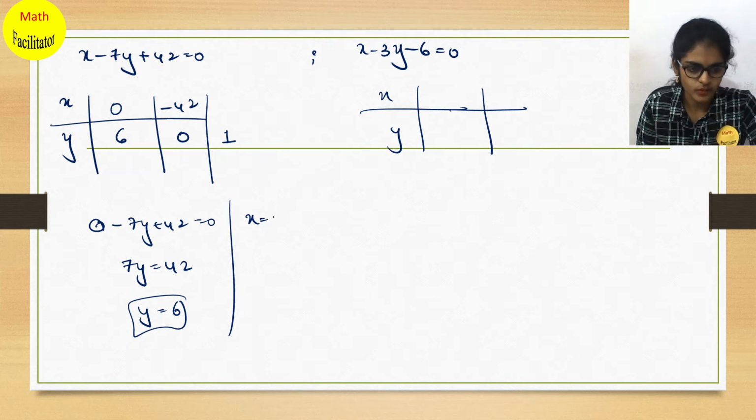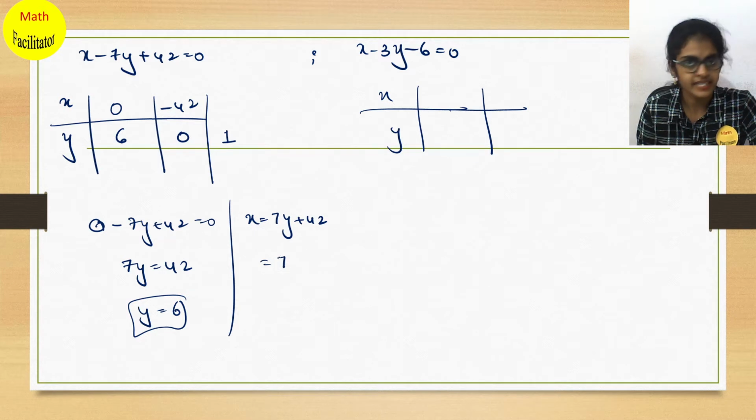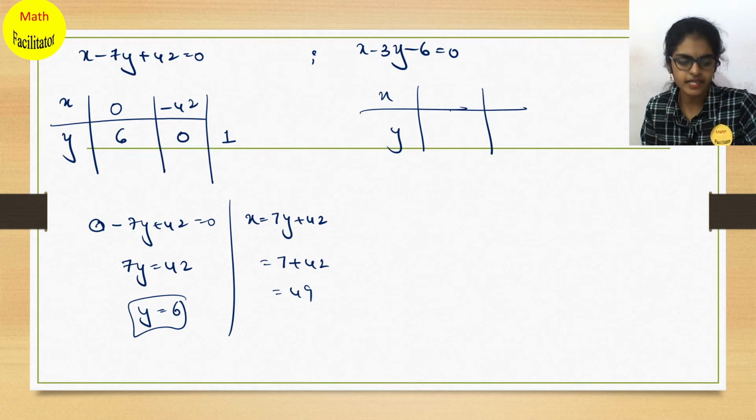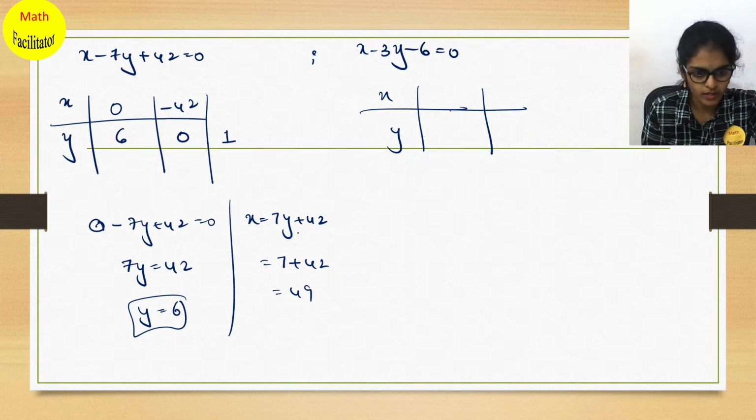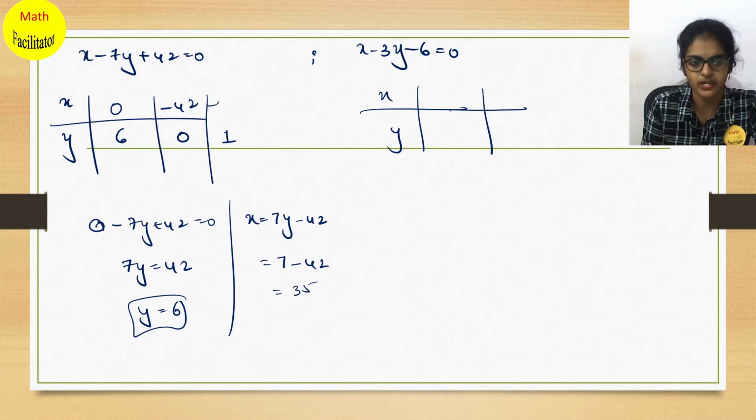If you take y as 1, x will be 7y minus 42, so 7 into 1 is 7, minus 42. One important thing, this has to be minus 42. So you will get minus 35 here, which is again a bigger value.